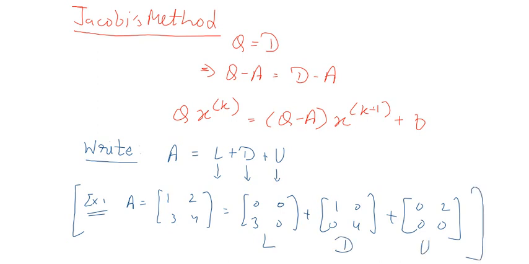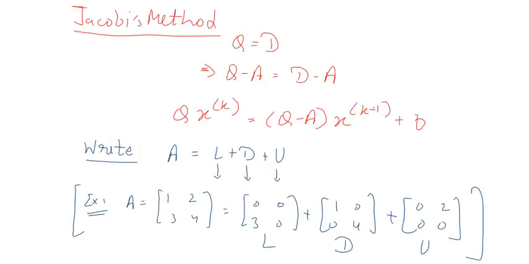You write this in the following form. So this implies D minus A is equal to minus (L plus U).